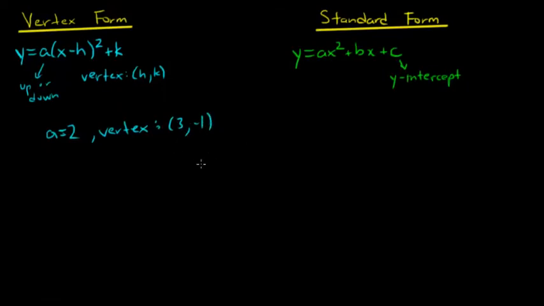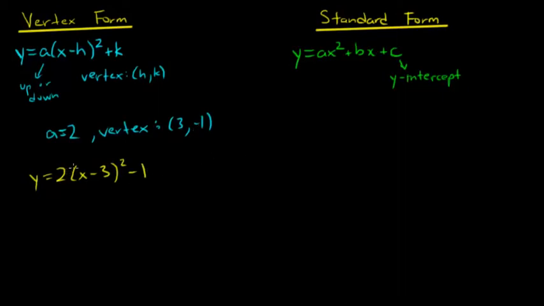Now put it in standard form. Well, we can't put it in standard form right away. First thing we have to do is write it out in vertex form. So we're going to go y equals 2(x minus 3) squared, subtract 1, that's the k.